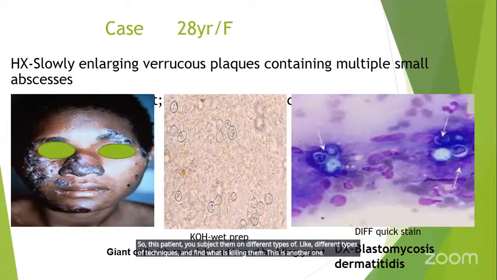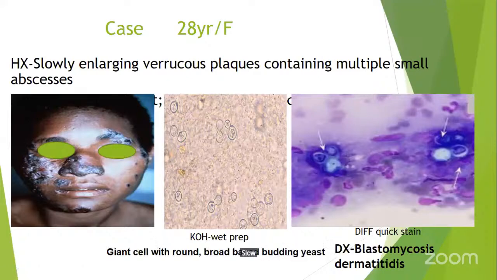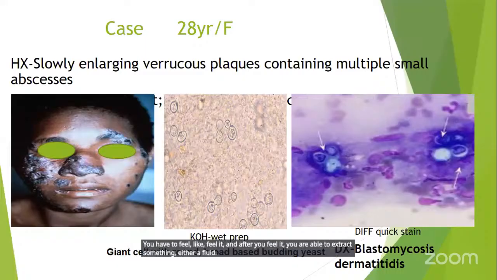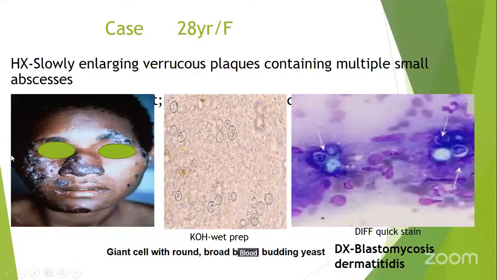This is another one. Slowly enlarging verrucous plaques containing multiple small abscesses like this one. If you are given this patient, for you to be able to do what you want, you have to feel it. And after you feel it, you are able to extract something, either fluid, blood, or these hard crusts. All these are specimens.